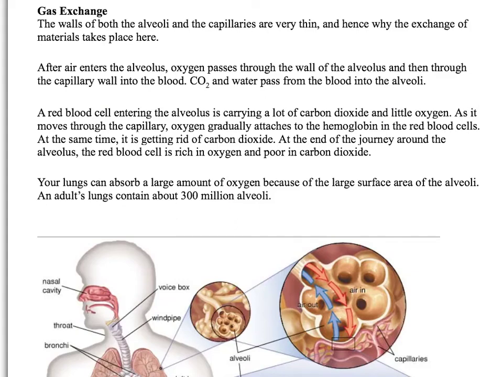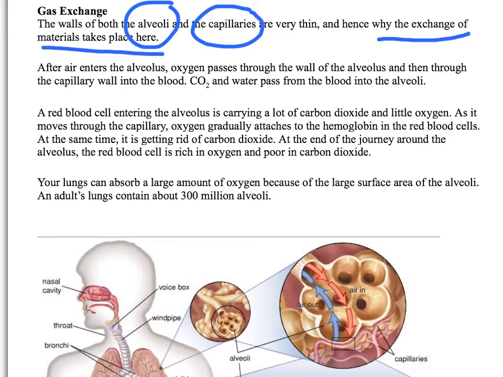Now, we already know that the walls of the capillaries are very thin to allow for gas exchange, and coincidentally, so are the walls of the alveoli. And this is why exchange of materials can take place here. Air enters the alveolus, that's the singular for alveoli. Oxygen passes through the wall, then through the capillary wall into the blood. So oxygen attaches to your red blood cells and goes wherever it needs to go.